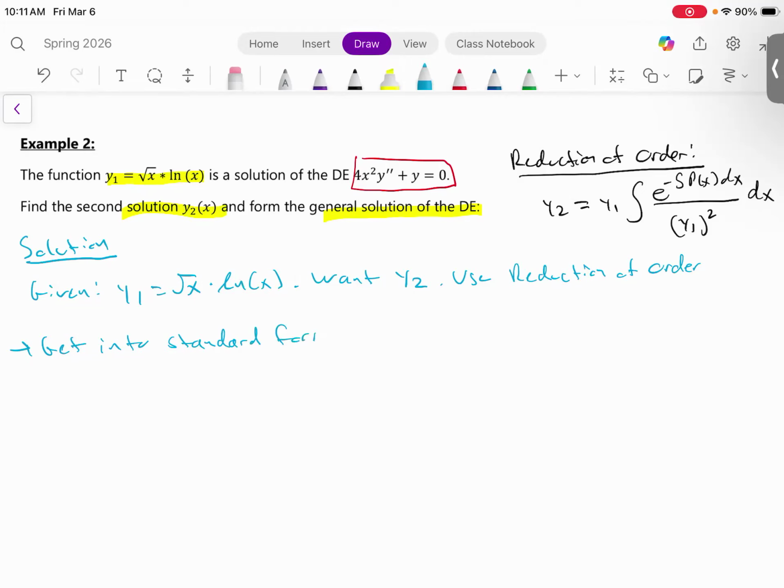We see a 4x squared is attached to that y double prime, so what I need to do is divide by 4x squared. When we do divide by 4x squared, what we get is y double prime plus 1 over 4x squared times y equals 0.